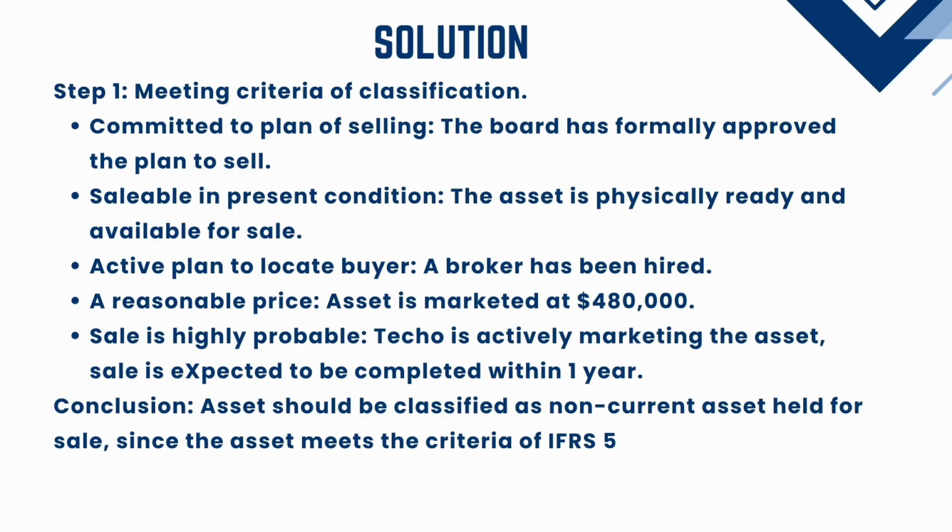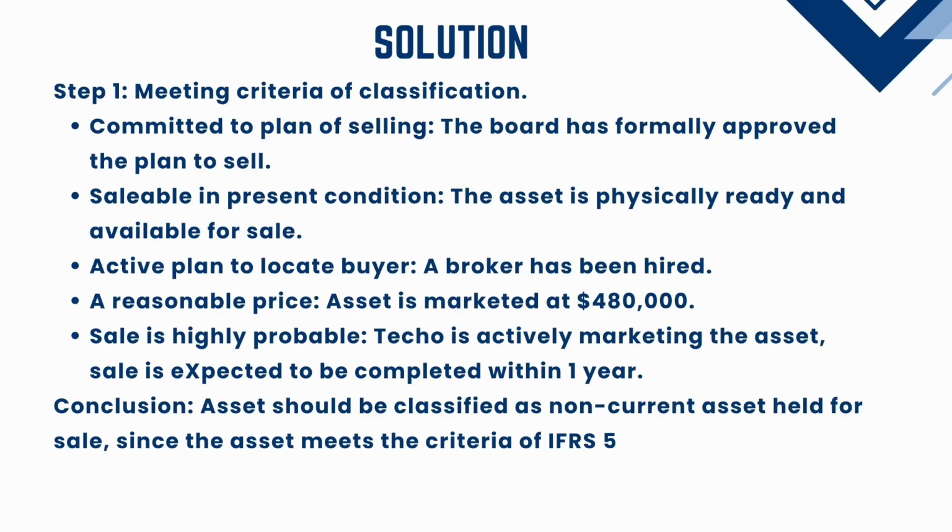So based off of all this, we can draw a conclusion that the asset should be classified as a non-current asset held for sale. This is because it meets the required criteria of IFRS 5. So I hope that is clear. So now what next? It has met the criteria of IFRS 5, meaning that it passes to be reclassified as a non-current asset held for sale.